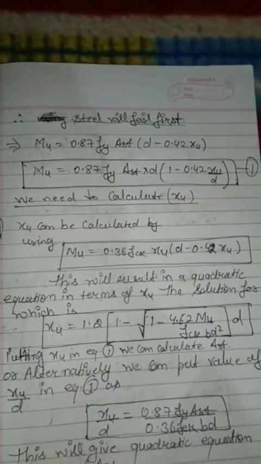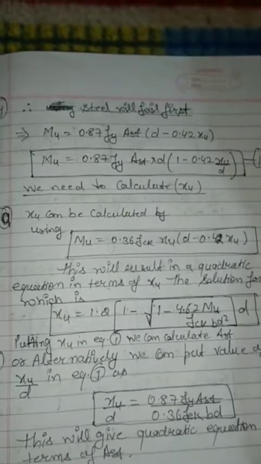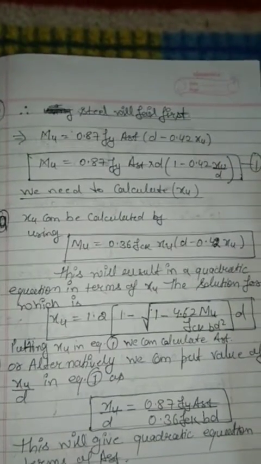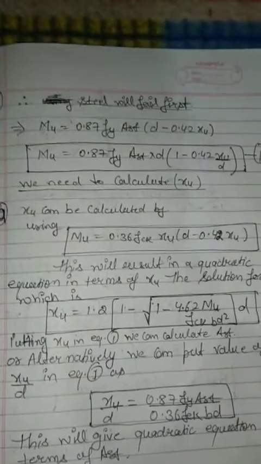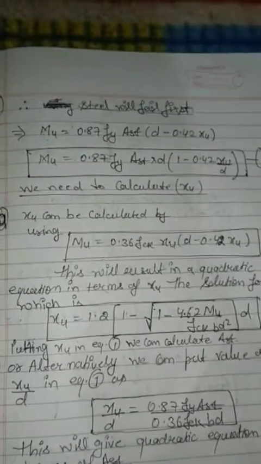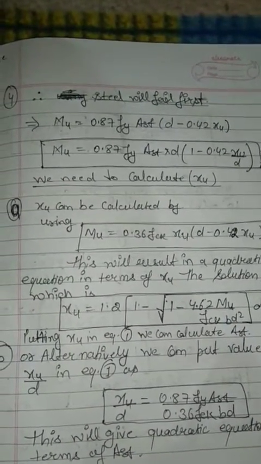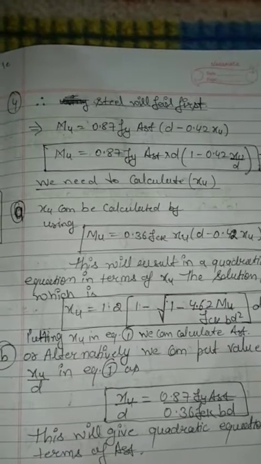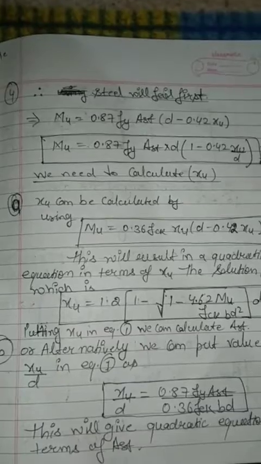Limit state says that before impending failure it is going to give you some warning, and it will only happen if steel fails first. But if the concrete fails first, then the structure will suddenly collapse, which is not desirable. Hence we always try to design our RCC structure as under reinforced.